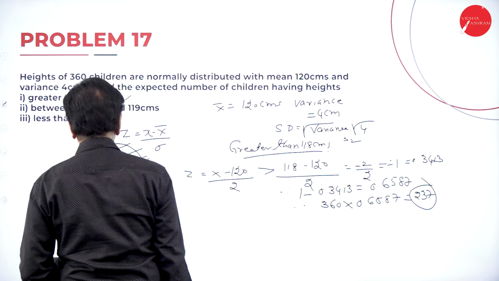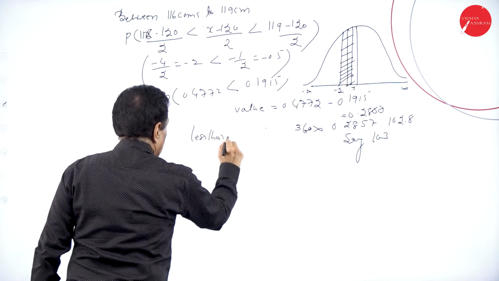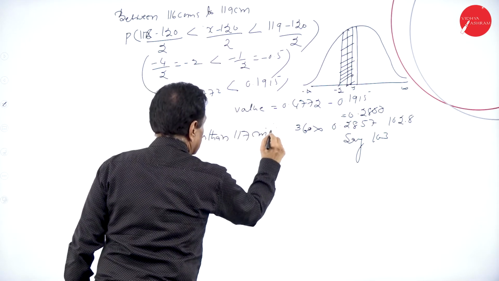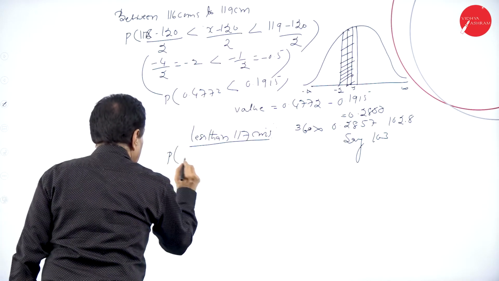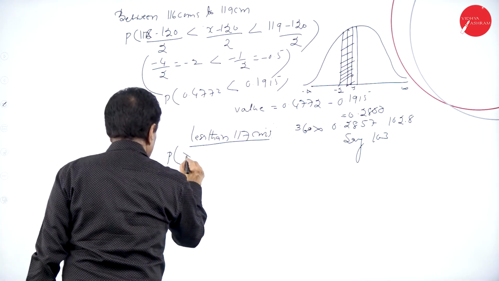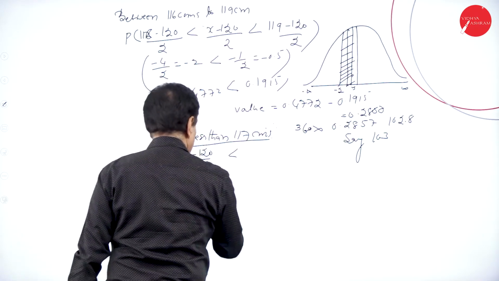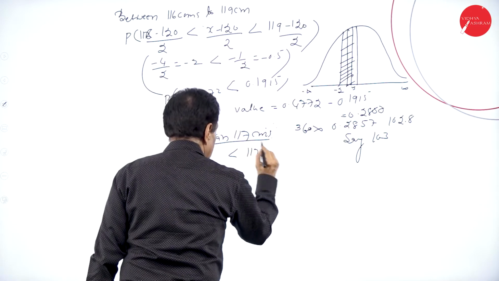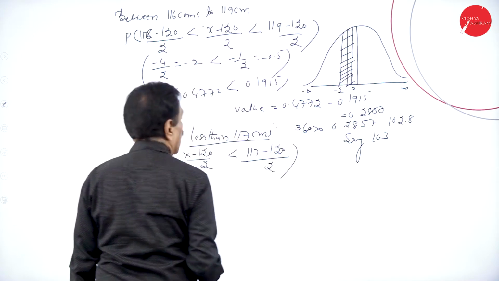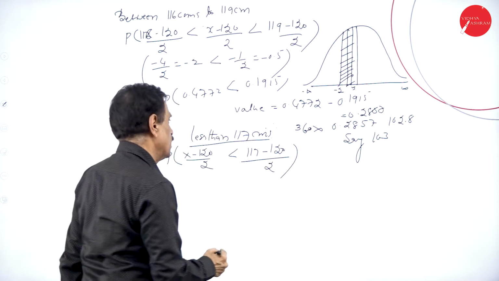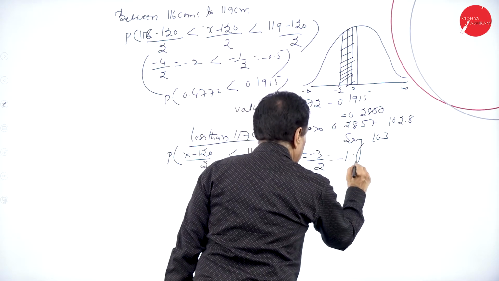Then the last one, less than 117 centimeters. So P of x minus 120 divided by 2 less than 117 minus 120 divided by 2. 117 minus 120 is minus 3, divided by 2, this is minus 1.5.